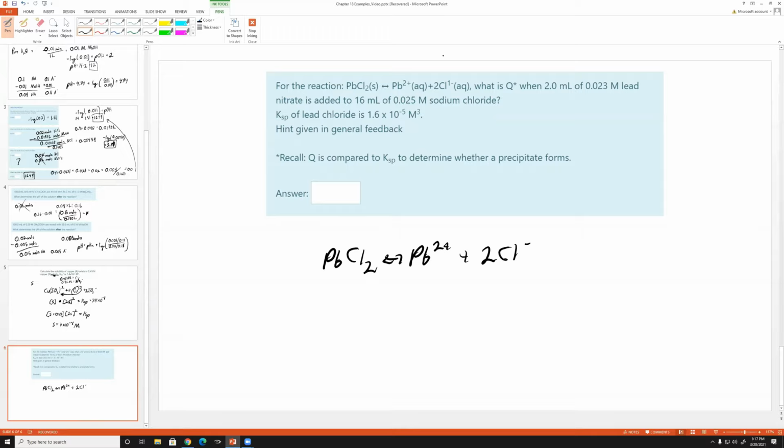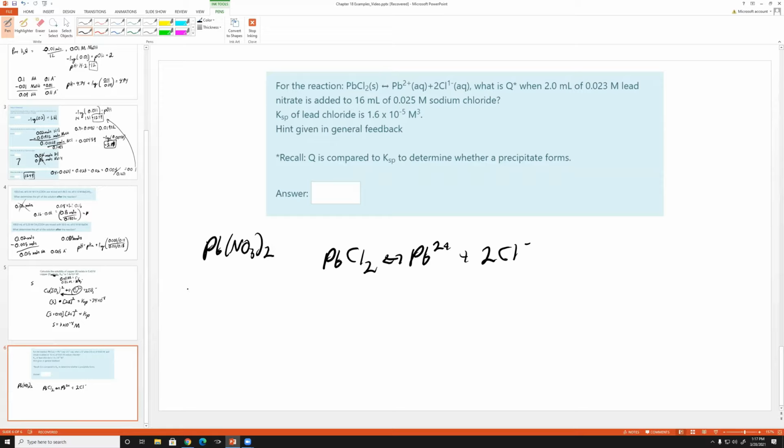But first, what are we being given in terms of molarities of lead and chloride? What is Q when 2 milliliters of 0.023 lead nitrate? Lead nitrate, we assume, is lead(II) nitrate, Pb(NO3)2.